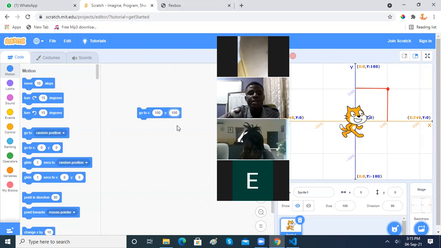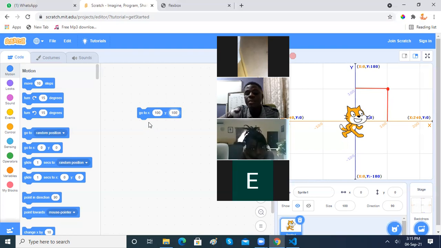And this block, which says go to X and Y, gives the cat an instruction to go to the position for X and the position for Y we have specified here. So when I click on go to X and Y, what will happen to the cat?